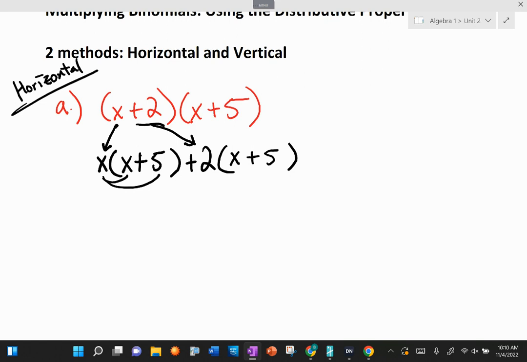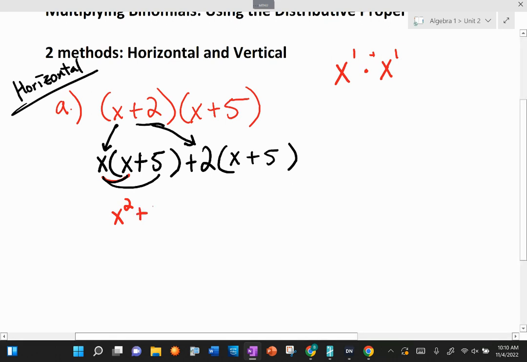X times x is adding the exponents together. So x has an exponent of what? 1. And then we're multiplying it by x, which has an exponent of 1. So I am adding the exponents together. So when I do x times x right here, I will get x squared. When I do x times 5, what will that give me? 5x. Just like always.